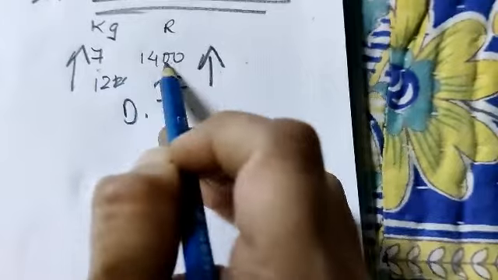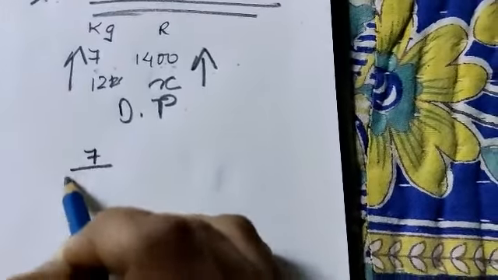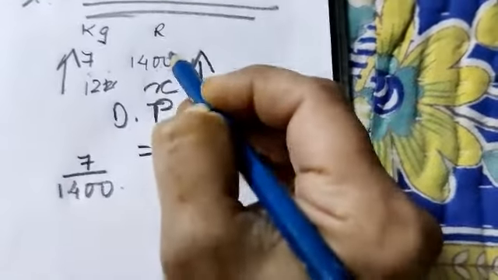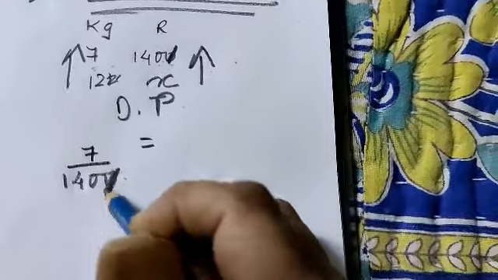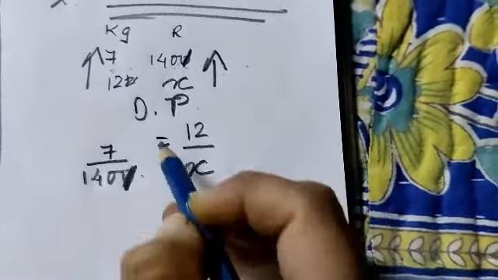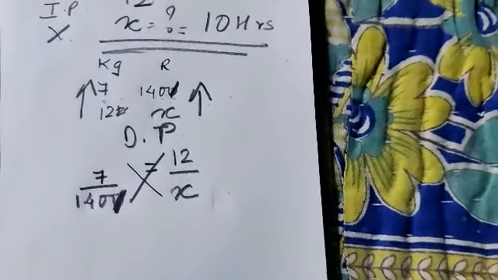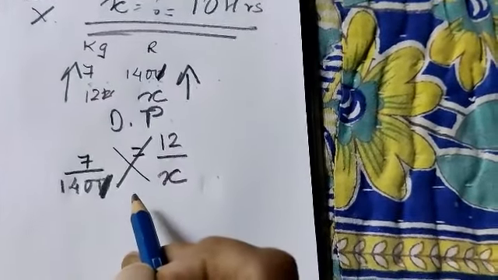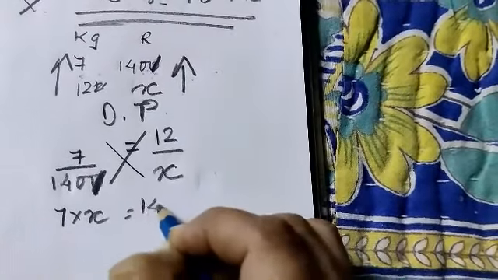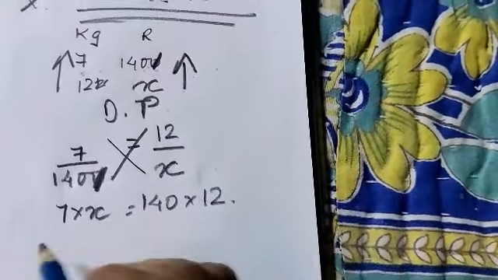Now in direct proportion I have told you that the given quantities get divided. So 7 upon 140 is equal to 12 upon x. And then we go ahead and do our cross multiplication. 7 into x is equal to 140 into 12.